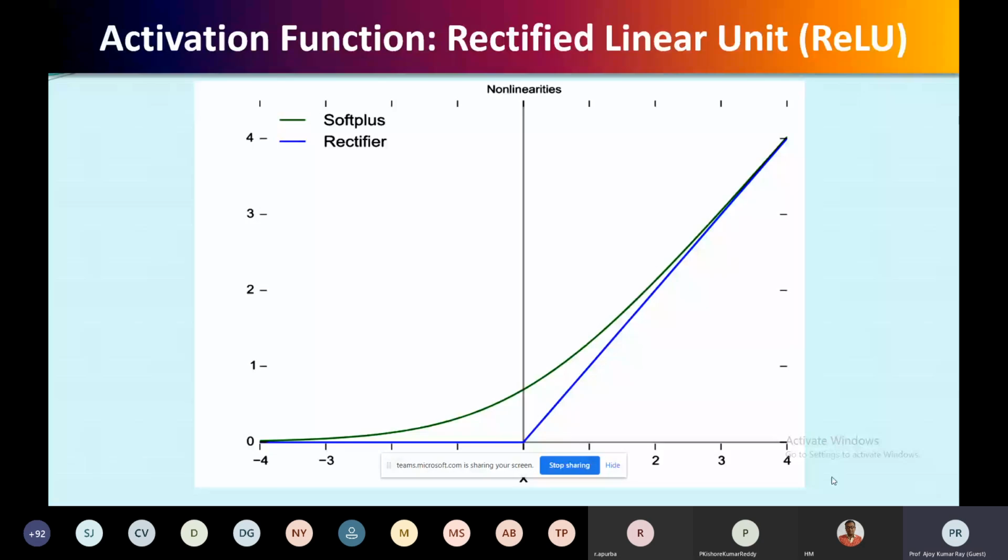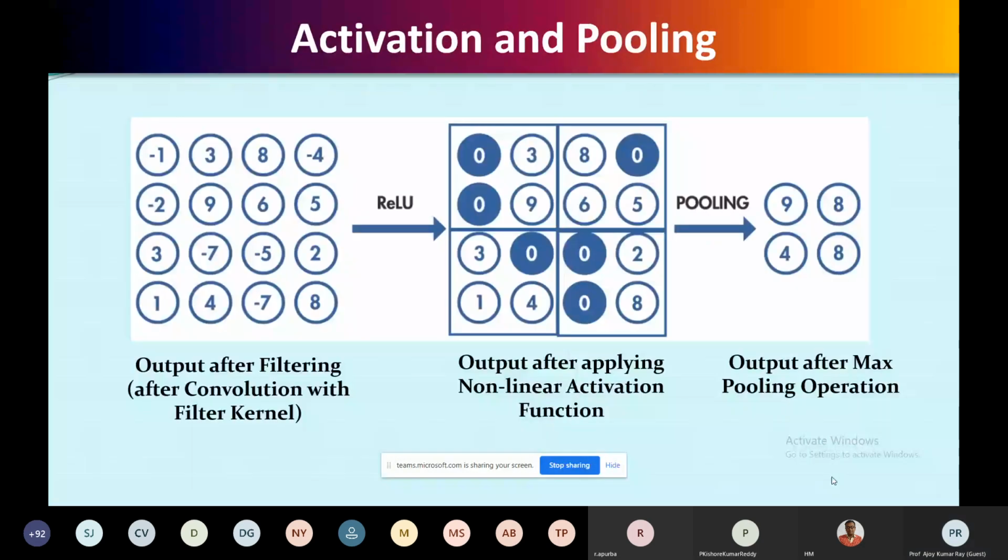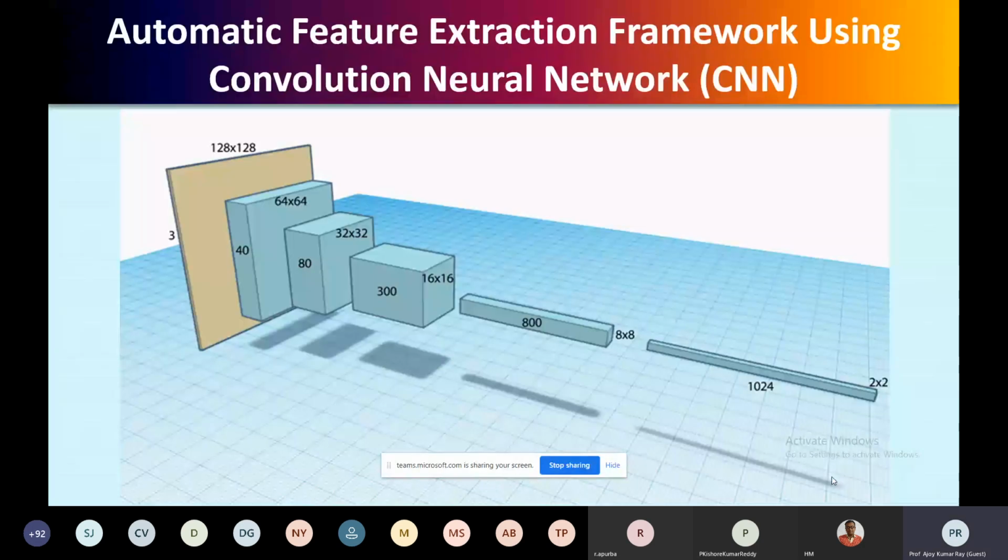So activation and pooling together: you find all the kernels and do the convolution, then you do the activation using ReLU, and then you do the pooling. It's very simple. If the original input image is 128 by 128, next it will be 64 by 64, next 32 by 32, next 16 by 16.